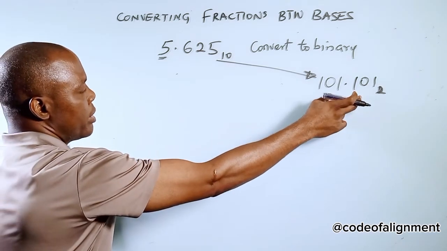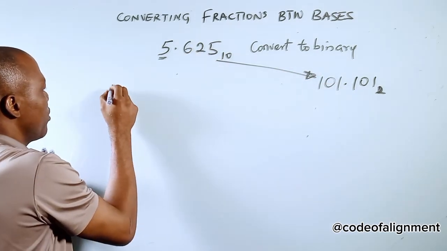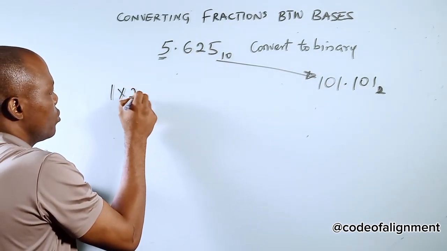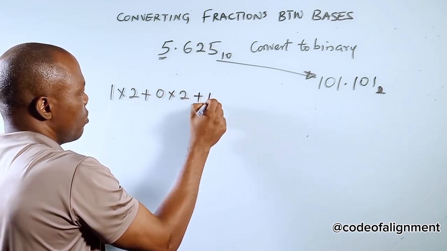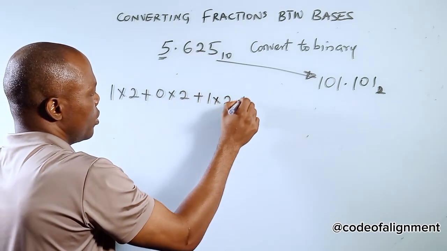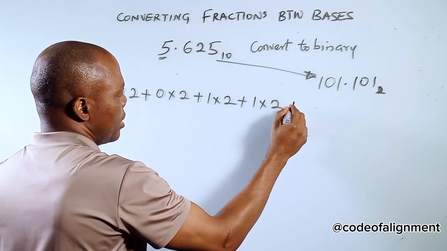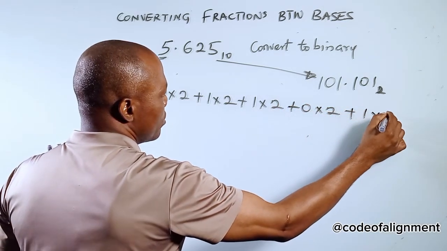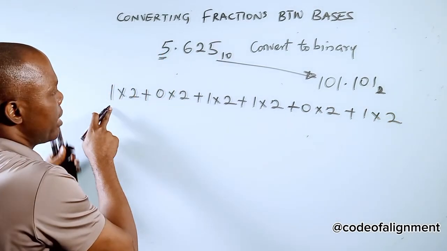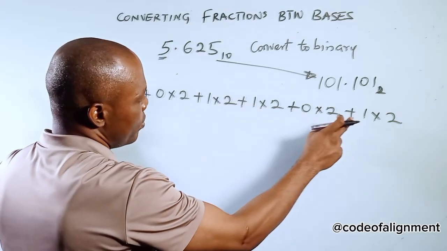We are returning this base 2 binary number back to decimal. So that will now be 1 times 2 plus 0 times 2 plus 1 times 2, plus 1 times 2 plus 0 times 2 plus 1 times 2, for the digits 1, 0, 1, 1, 0, 1.